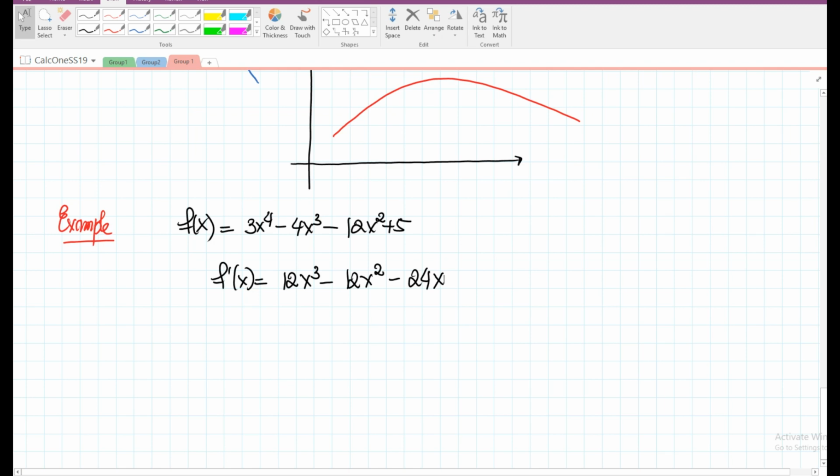So do you remember how to find the roots? What does it mean, finding the roots? Find the points where the value of the function is equal to 0. Find me all the x where f prime of x becomes 0, right? So let me take the 12x out of the brackets.